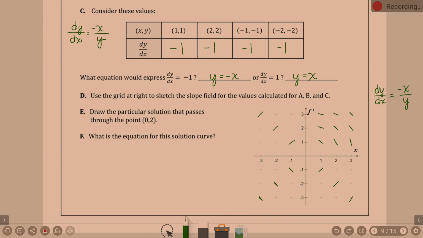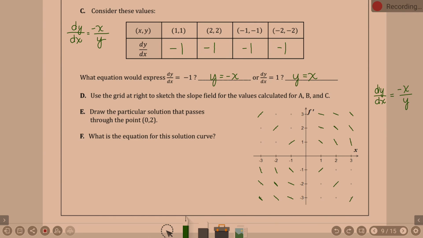So steeper. (-3, -1), that's going to be a steeper slope yet. (-3, -2), less steep. If I go over here and (-1, -2), that's our least steep because that's 1/2. We've got 1/3 and 2/3.